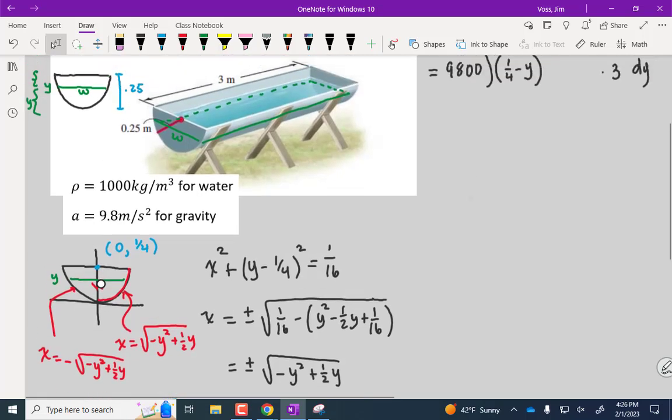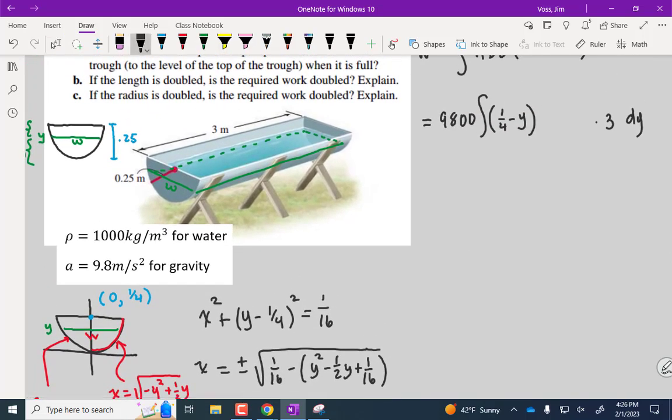So let's fill in our blanks here. We have 2 multiplied by the square root of negative y squared plus 1/2 y. So that whole thing here is the area of the cross section, and then the volume of the slice.